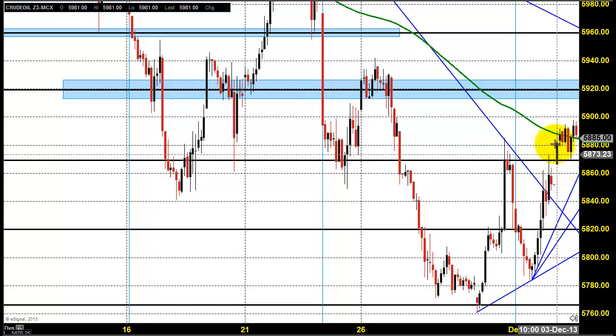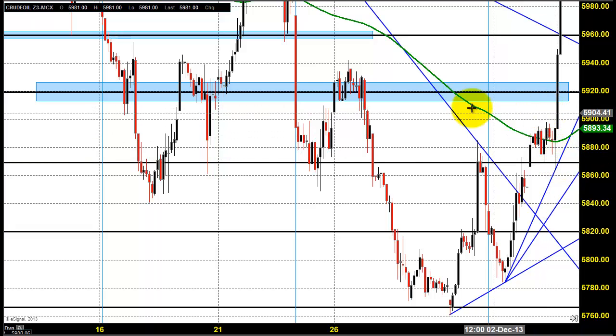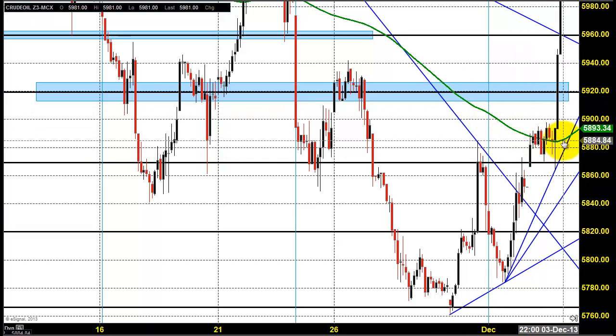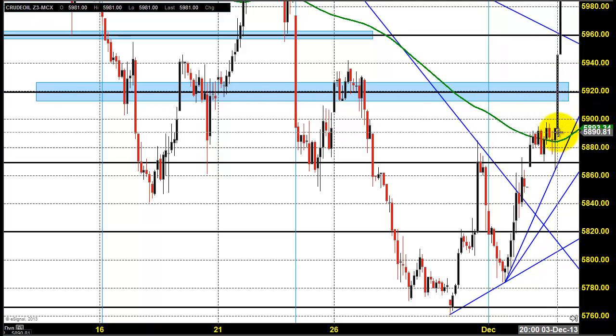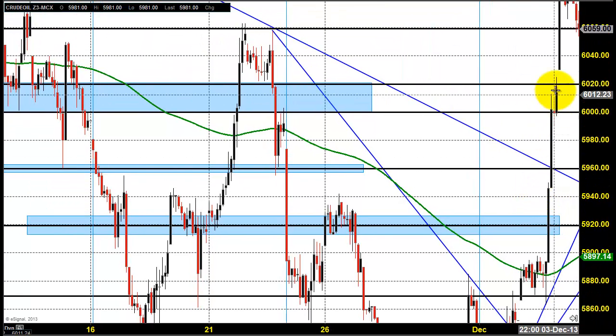After that, on December 3rd, the price opened just above 5860 and it was taking a lot of support in this zone. Like what we expected, the price found a support, and along with the moving average, our key trend deciding average, the price got a lot of momentum. You can see that within a single candlestick, the market found a lot of momentum to break 5920, so that it went up straight away to test 6020.